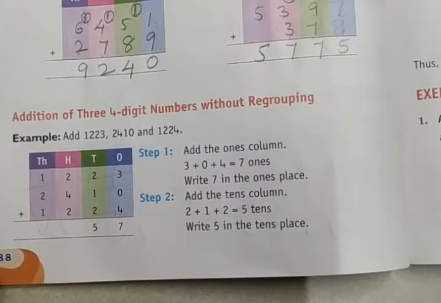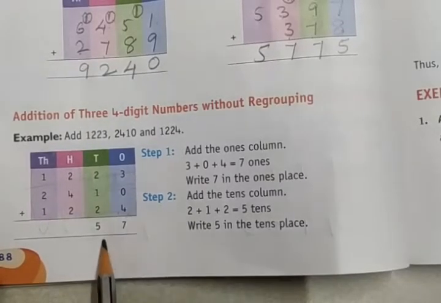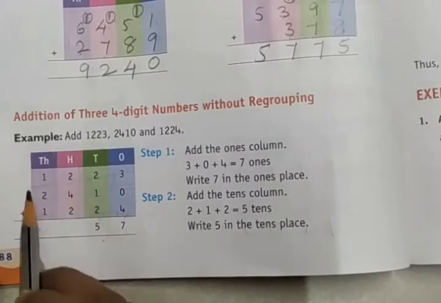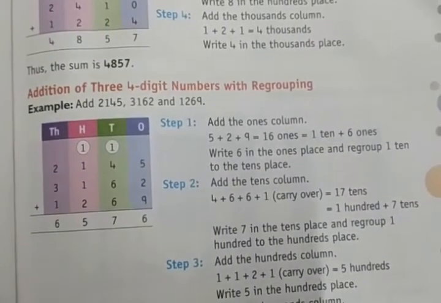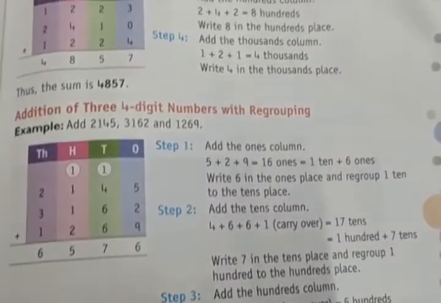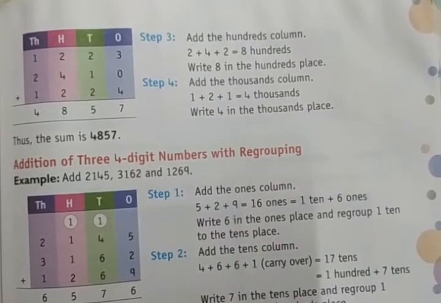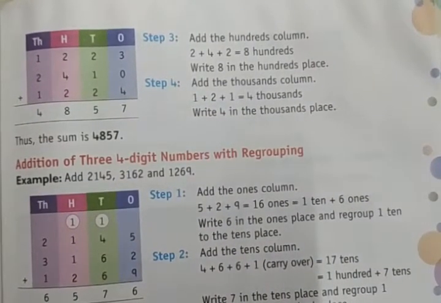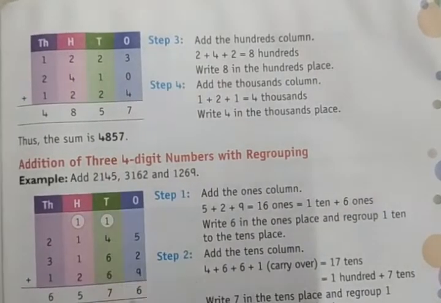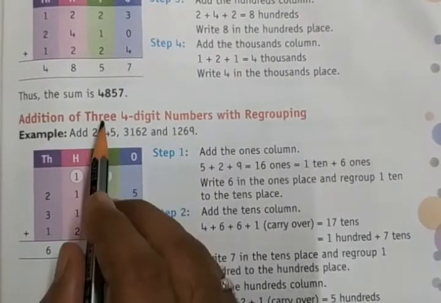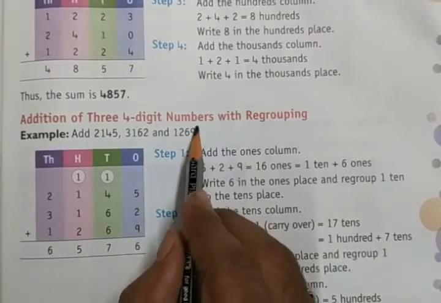Thus the sum of 1223 plus 2410 and 1224 is equal to 4827.